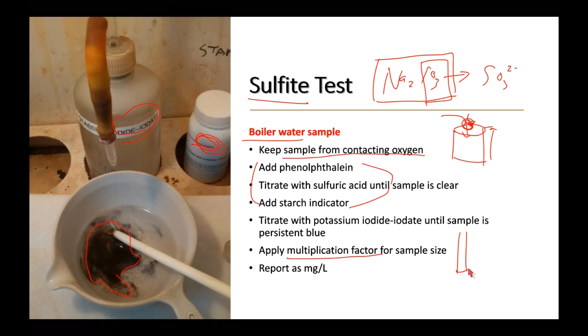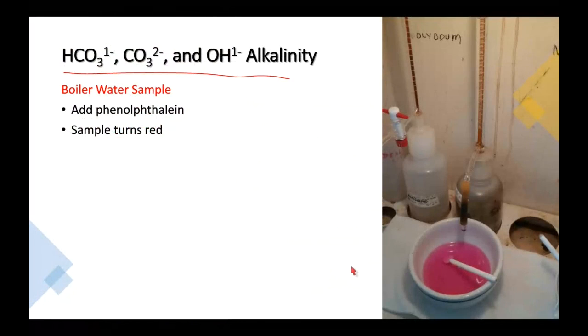Did you use a 50 ml sample? Did you take a 100 ml sample? How big was your graduated cylinder? So there'll be some sort of multiplication factor for the size of your sample, and then we report it as milligrams per liter.